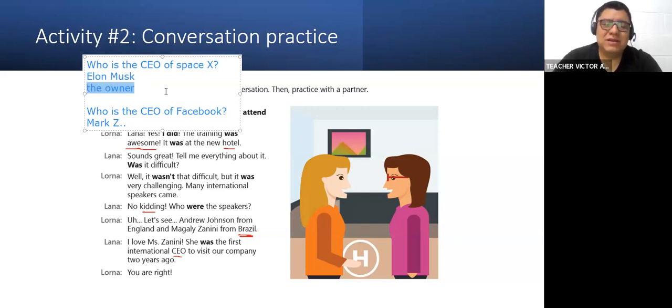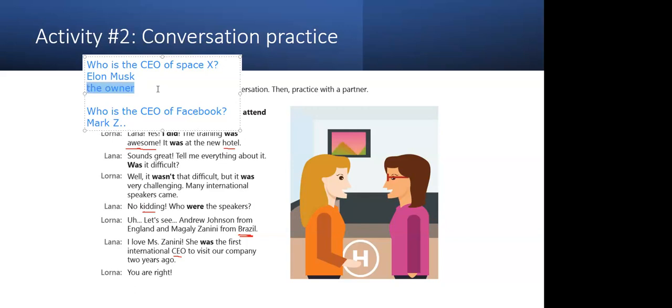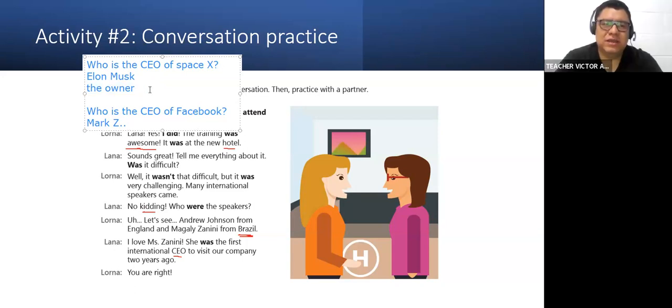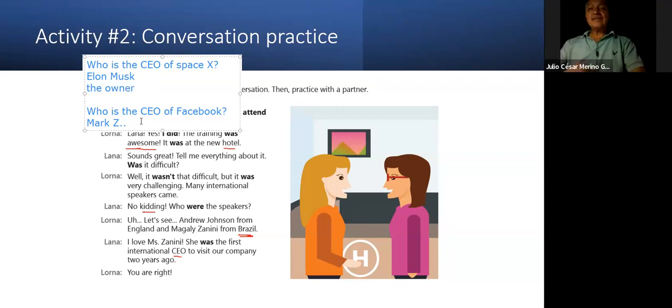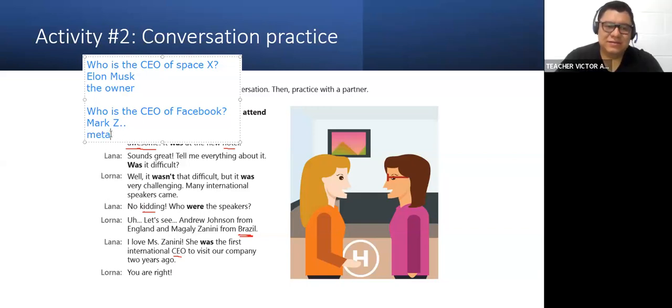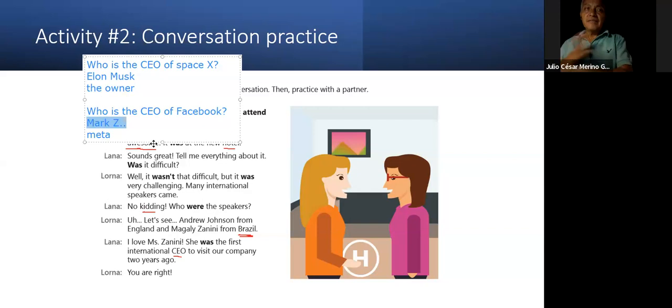Actually, he's the owner. He is the owner of Meta. Who? Elon Musk or Mark Zuckerberg? Meta, together with Facebook. And now, yes, before it was a change of union.